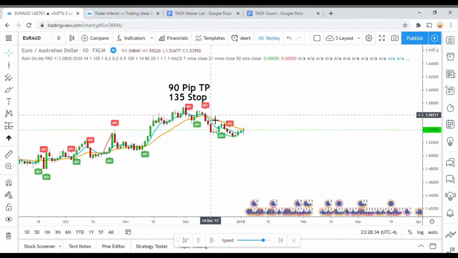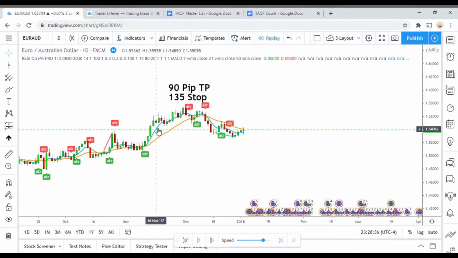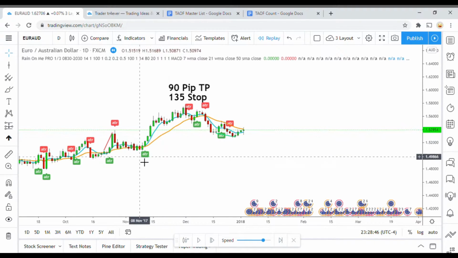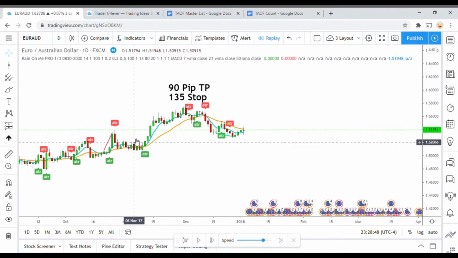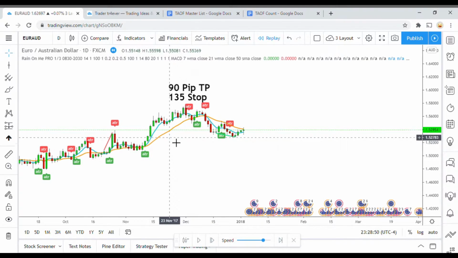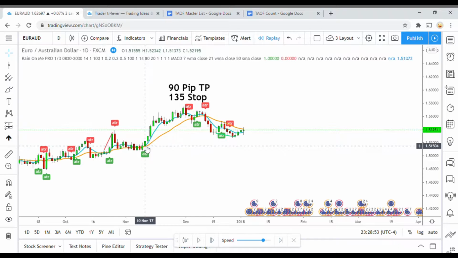And the blue line is the faster of the two. And so it is gauging its position around the orange line here, gauging the overall trend of the pair at this particular time.